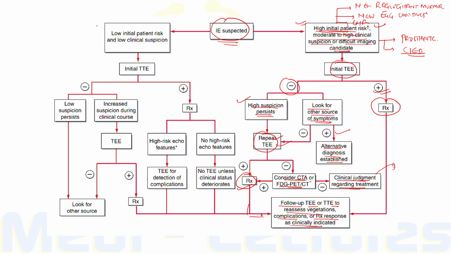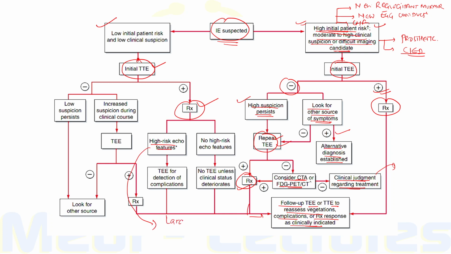If the patient is initially low risk, with no regurgitant murmur, no conduction defect, no features of CHF, we will initially go for transthoracic echo. Now, if this transthoracic echo is positive, we will start the patient on treatment. If there are high risk features on transthoracic echo, what are these high risk features?